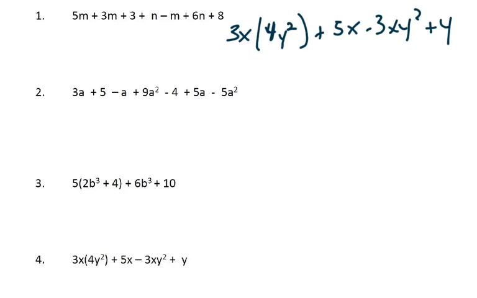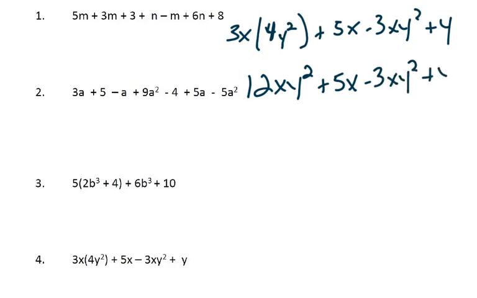So let's distribute. 3x times 4y squared. Well, all you're doing is taking 3 times 4 and getting 12. And then you've got to keep your xy squared. That's all it is. And then you're going to have plus 5x minus 3xy squared plus y.